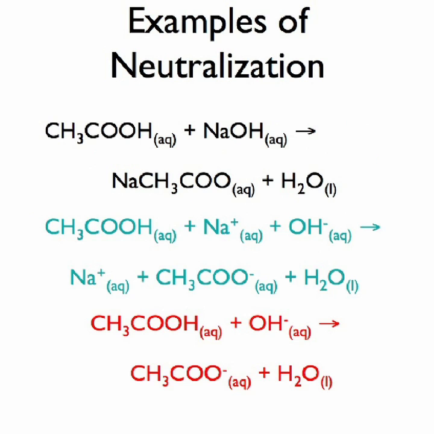All acetates are soluble, so sodium acetate would exist as aqueous acetate and aqueous sodium ions. And then we have liquid water. When we remove our spectator ions, we end up with aqueous acetic acid and aqueous hydroxide ion reacting to form liquid water and aqueous acetate ions.